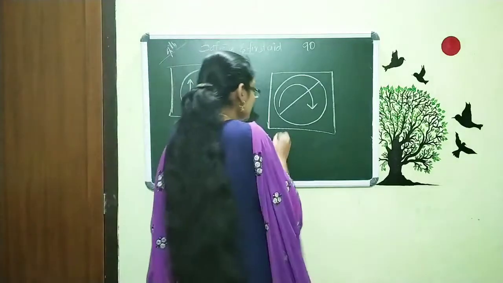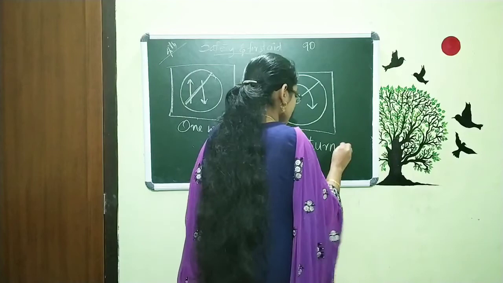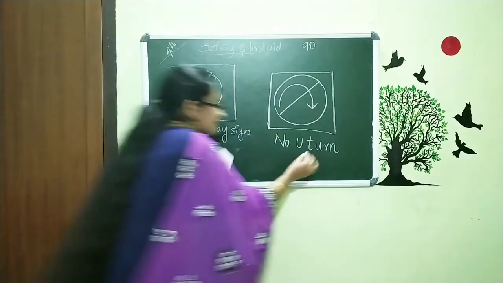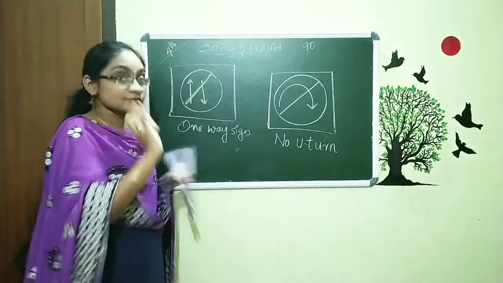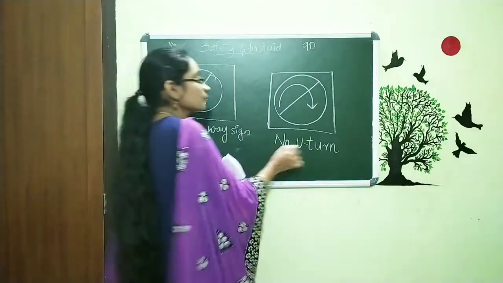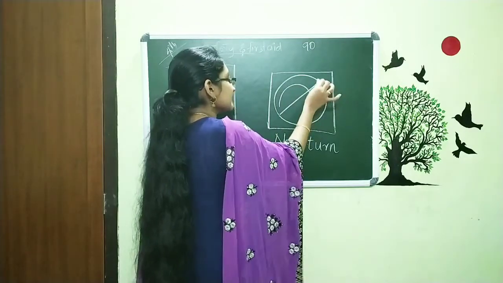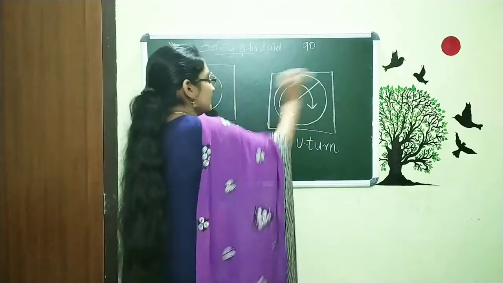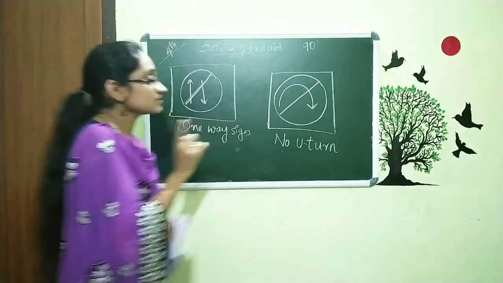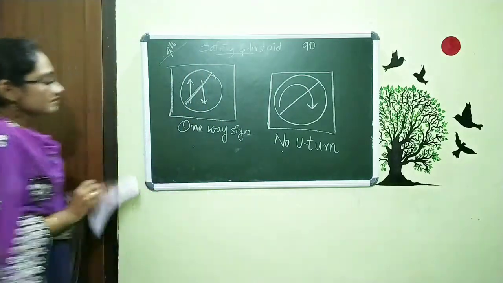This is no U-turn. No U-turn means it is not possible to turn in a U shape. The symbol is this: an inverted U and a crossed line within a circle. So this is the sign for no U-turn.